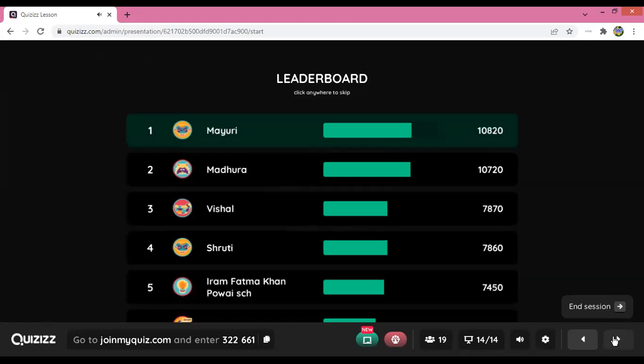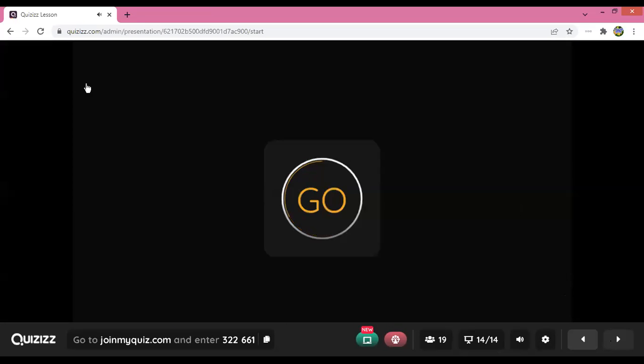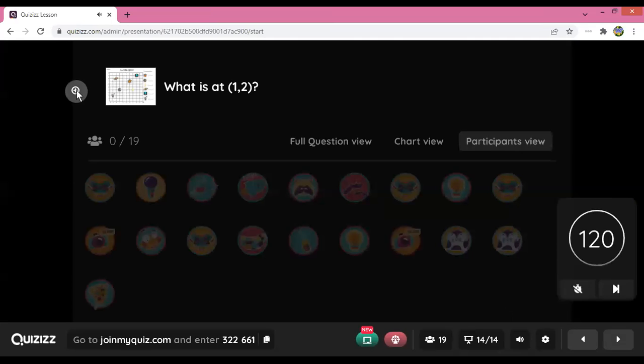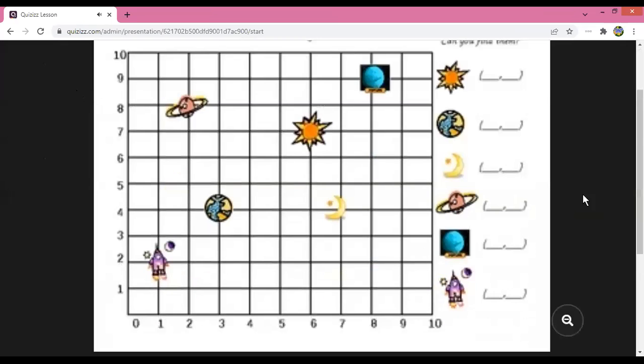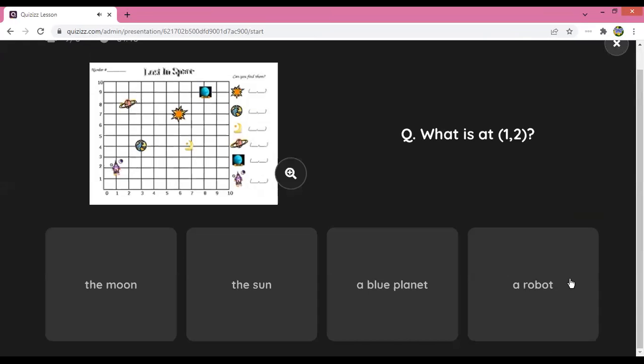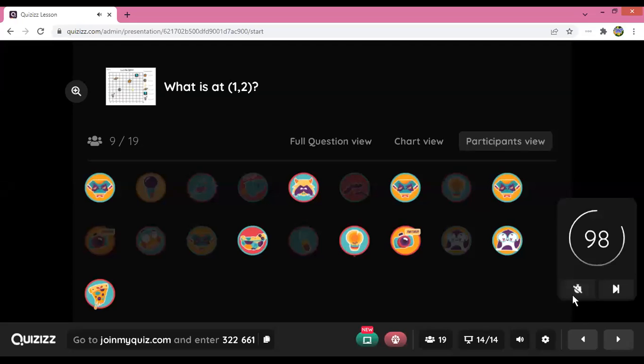Let's look at next one. It's a very nice question. Check. What is at 1, 2? What do you see at 1, 2? Is it moon, sun, a blue planet, or a robot? What is at the point 1, 2? Okay, another 5 seconds.